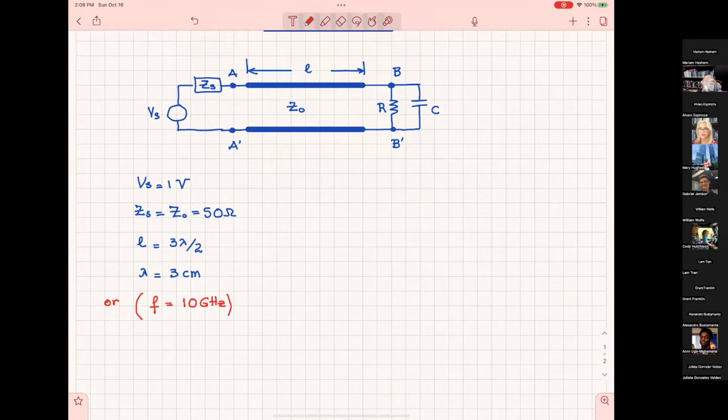I will not give you both. I will give you both if it is a microstrip line, all right? But this is an ideal transmission line, in free space.